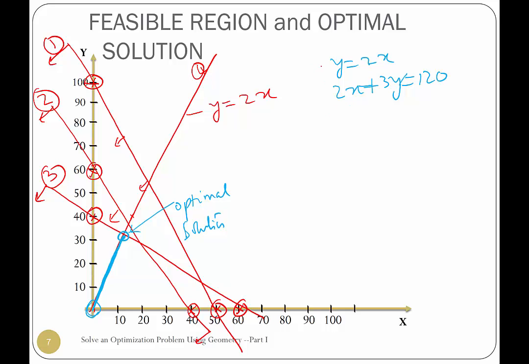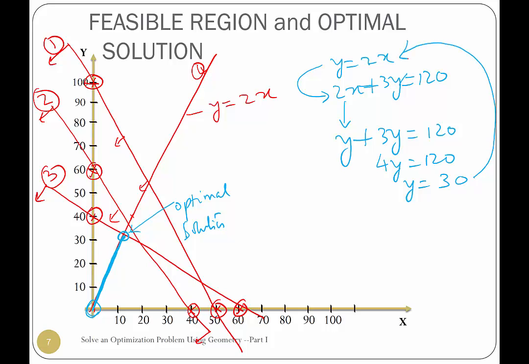Now you simply substitute y equal to 2x in the 3rd constraint, which will lead to y plus 3y equal to 120. 4y is equal to 120. So y is equal to 30. And if you plug this value in this equation, 30 equal to 2x, so x equal to 15. So your optimal solution is (15, 30). So this point is (15, 30).